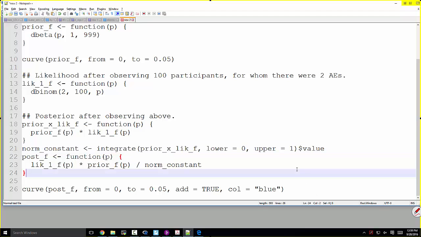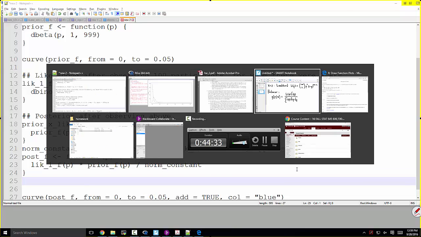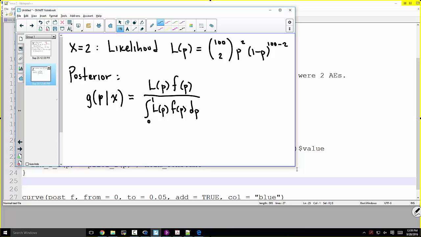You can compute the expected number, by the way, using integrate. The expected value of a random variable, the expected value of p under the posterior is defined the way an expectation usually is defined.